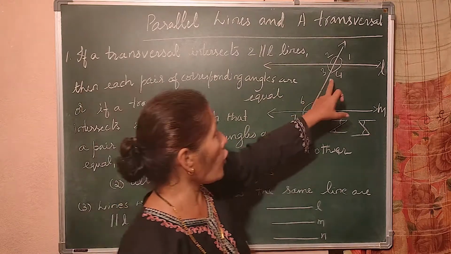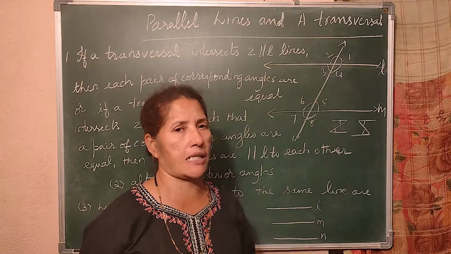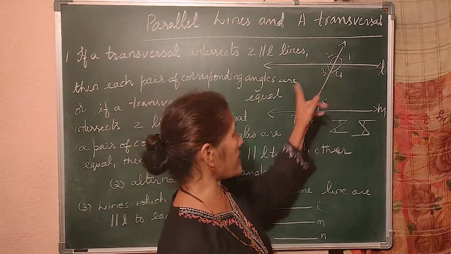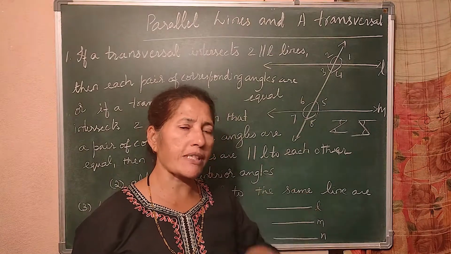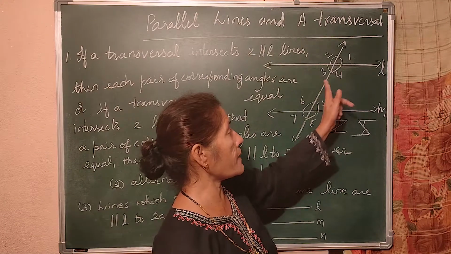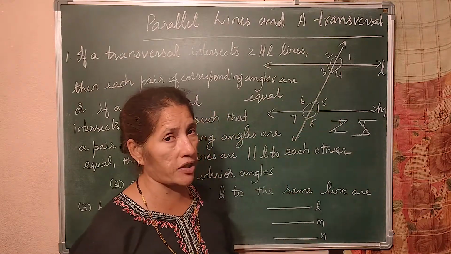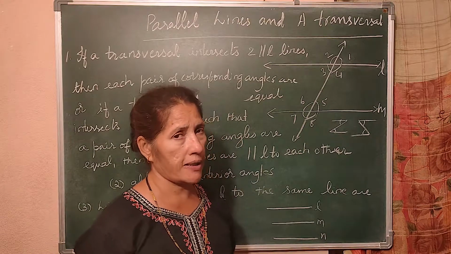Right? 4 and 5 are called interior angles on the same side of the transversal. 3 and 6 are also interior angles on the same side of the transversal. And what is that property? Angle 4 plus angle 5 is equal to 180, or angle 3 plus angle 6 is equal to 180.